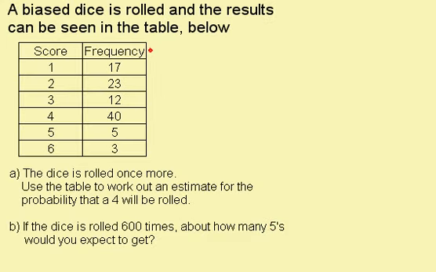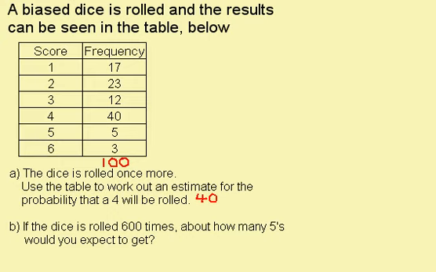In this question, I've been given a table to show what happens when I roll a dice a number of times. I've been asked to work out an estimate for the probability that a 4 will be rolled. If I look at the table, I can see that 40 4s have been rolled. Altogether, adding these numbers up, I can see that the dice was rolled 100 times.